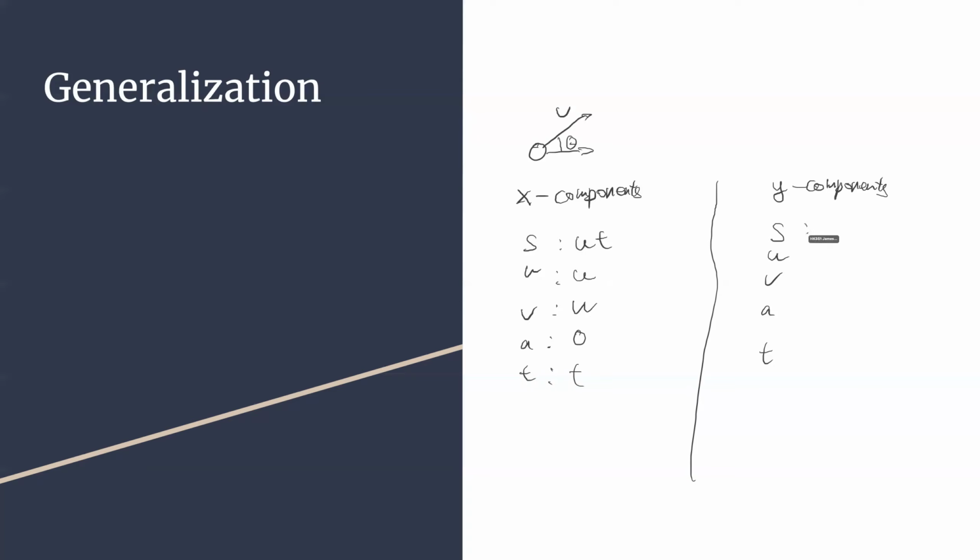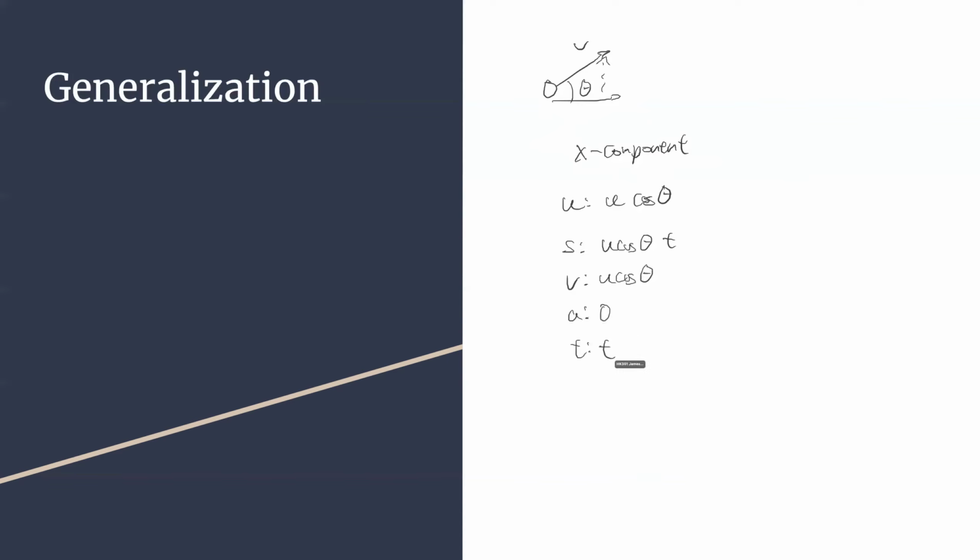And y component, the s we don't know, u we know it's just u. Actually, let me just correct this for a little bit. And u is just u cosine theta. Yeah, sorry, I messed up.